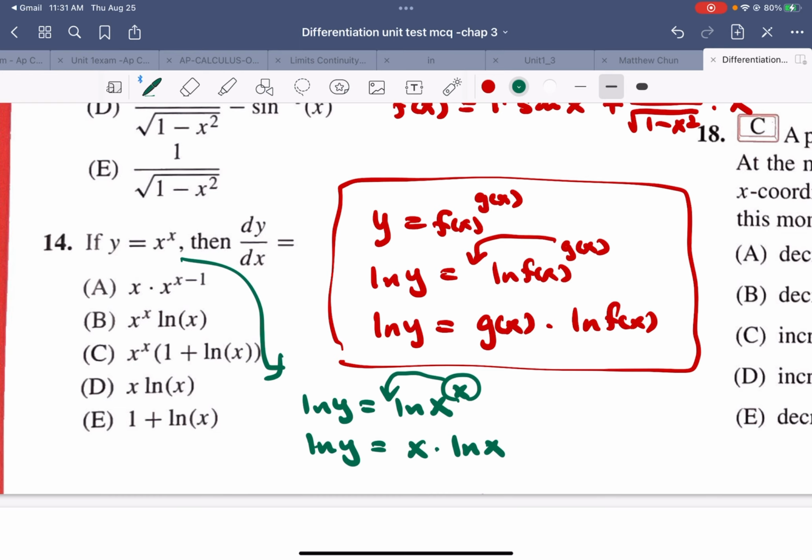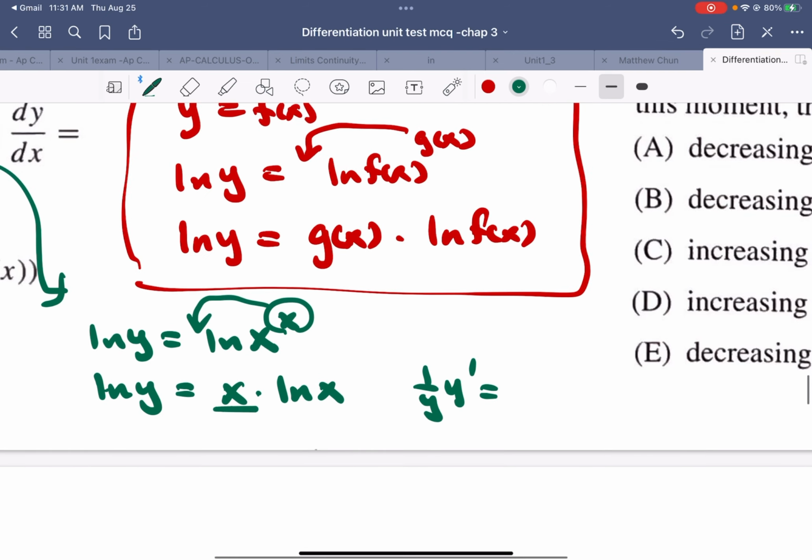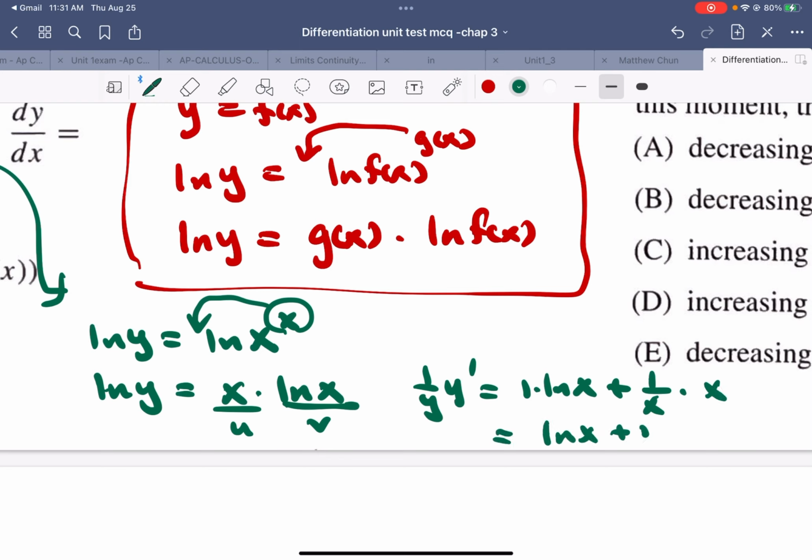So left hand side 1 over y times y prime, okay, by implicit. Now this one is u and v. So derivative of u is 1 times ln x. Now v prime, derivative of ln x is 1 over x times u, x. So then you get ln x plus 1.